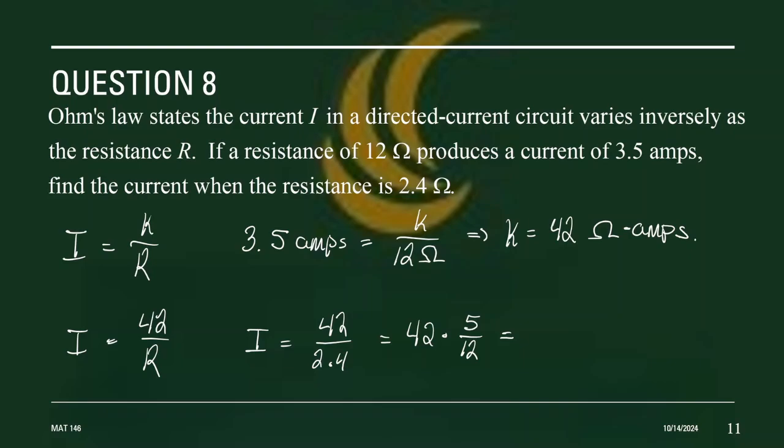So 35 halves. I'll write it back as a decimal, so that's 17.5. 17.5 what? Amps. 17.5 amps. Circuits are horrible.